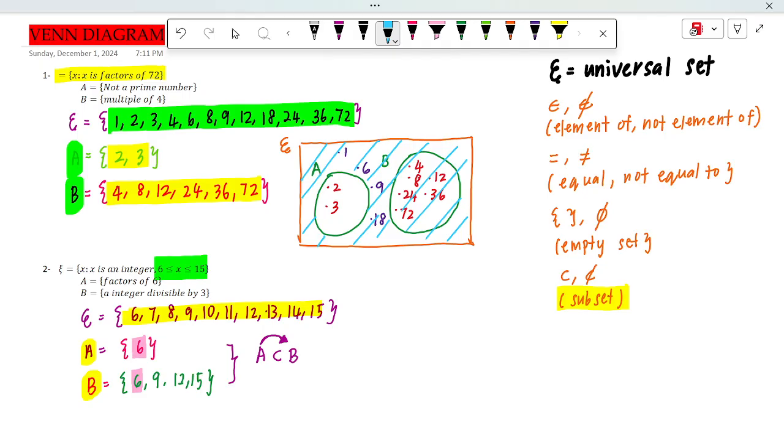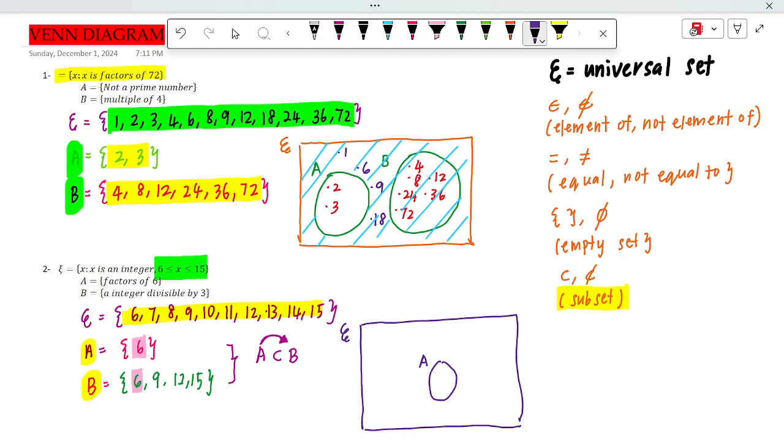So when you're going to draw your Venn diagram, draw your rectangle, label your universal set outside. So what we are going to do, since A is inside of B, A subset of B means to say A will be inside of B. So you will draw a circle A, then you will draw a circle B. Okay, both A and B are sharing 6, so you can put 6. The rest of it you will put inside B, which is 9, 12, and 15.